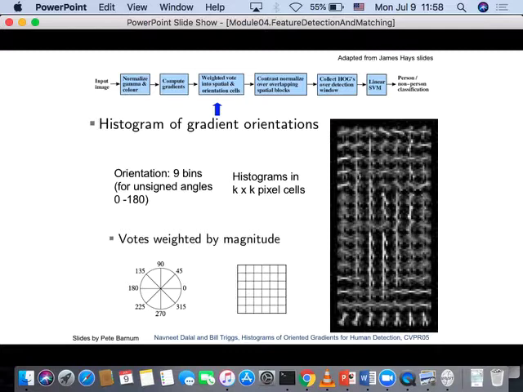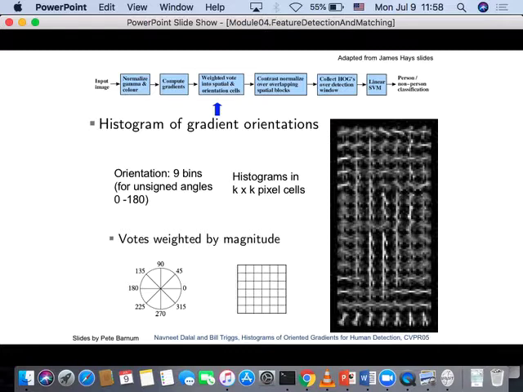So what I do is I use 9 bins divided in 0 to 180 degrees, and we say unsigned angles because a gradient direction of, let's say, 45 degrees is the same gradient direction as 215 degrees, but just going opposite.